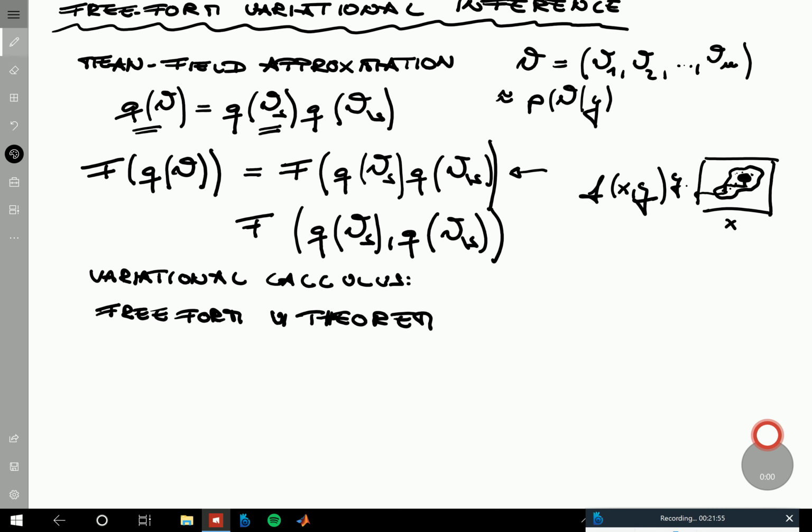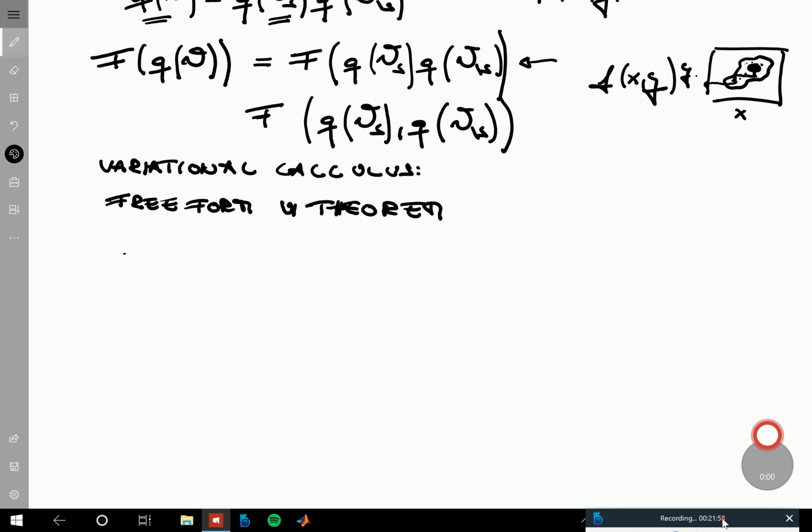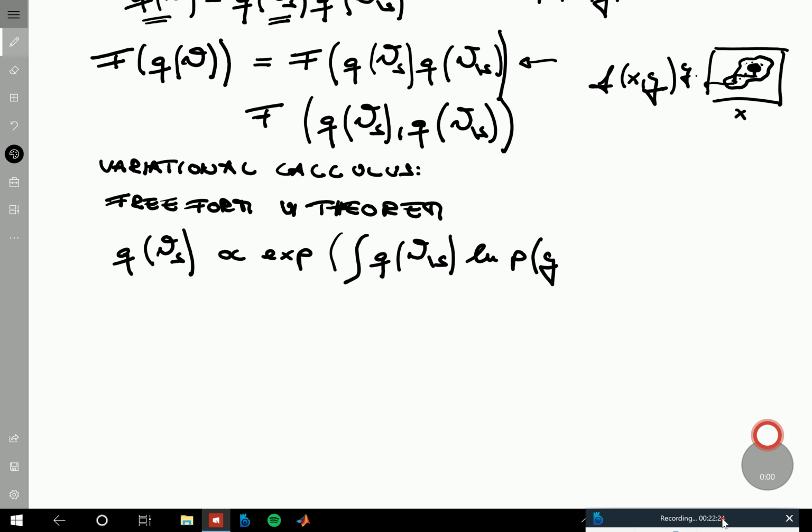And this works as follows. The variational distribution over the random variables in the set S should be proportional to the exponential of the integral of the probabilistic model over the other random variables.